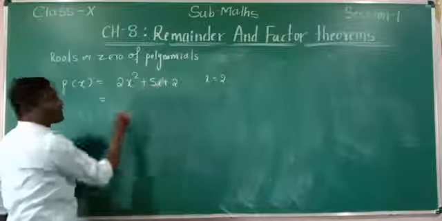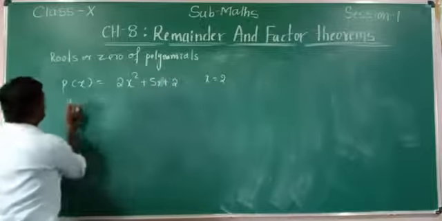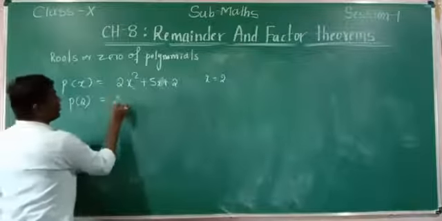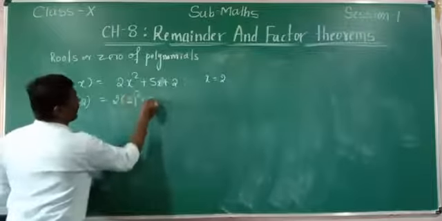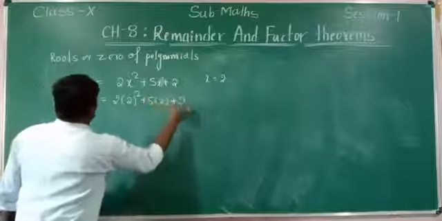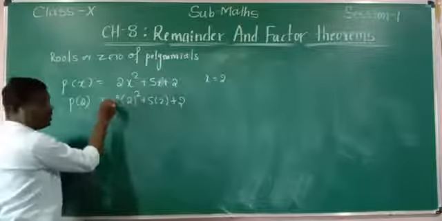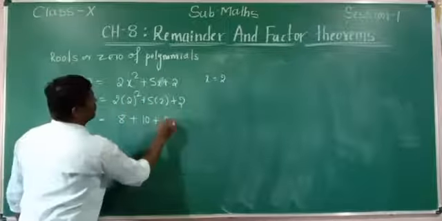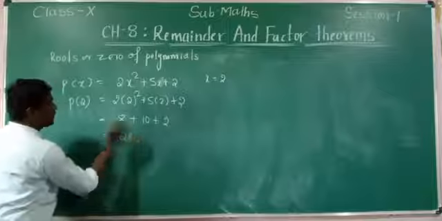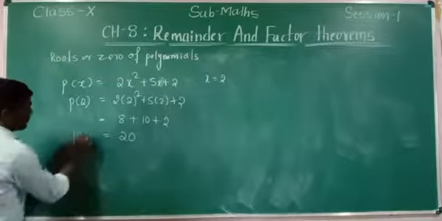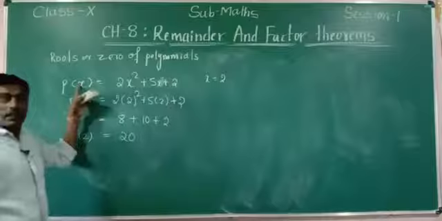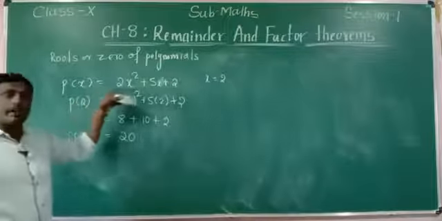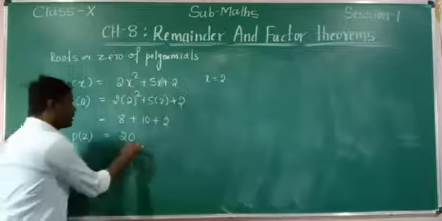So just substitute the x value. x is equal to 2 means p of 2. p of 2 is equal to 2 into 2 square plus 5 into 2 plus 2. So 2 square is 4, 4 twos are 8, again 5 twos are 10, plus 2, which is equal to 20. When I substitute 2 in the given expression instead of x, I get the final result as 20.